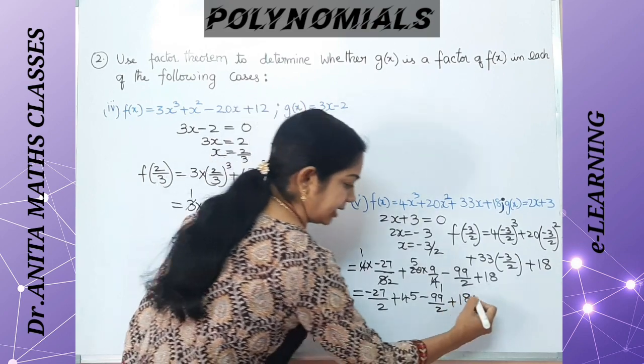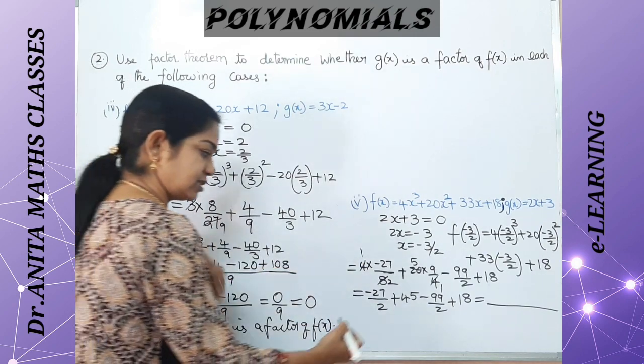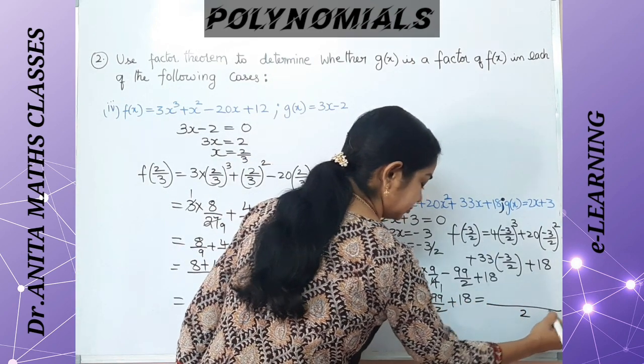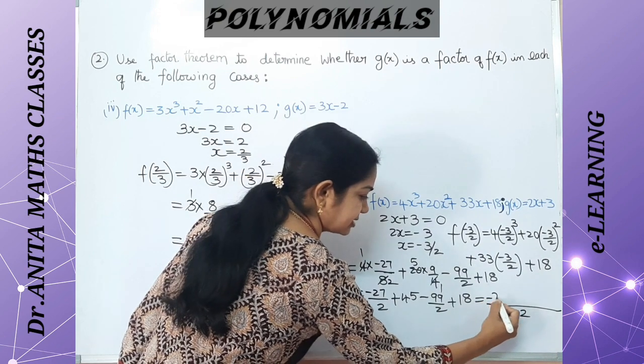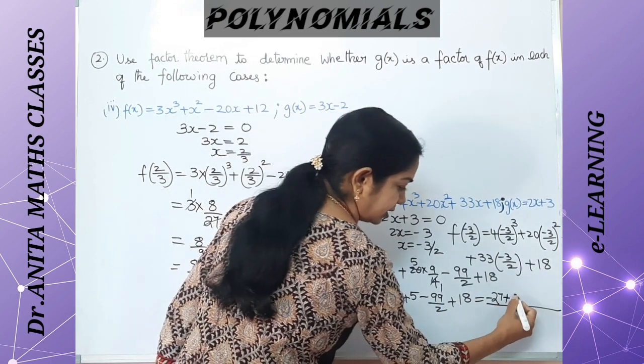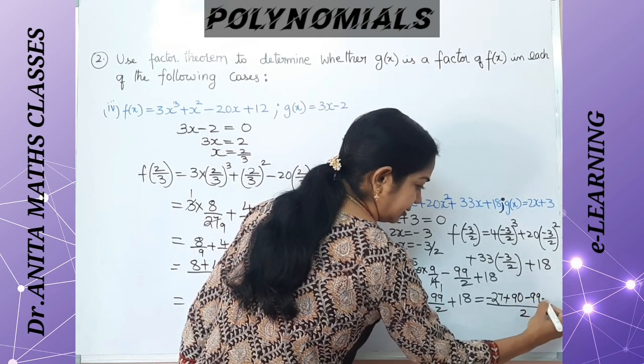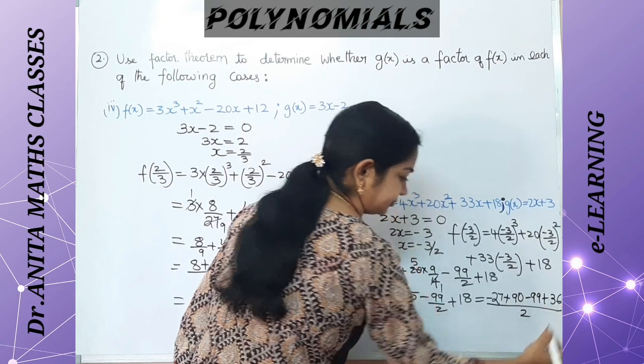So we will take the LCM part here. If you take 2 and 2, LCM is 2 only. So minus 27 plus 90, I'm taking the LCM, minus 99 plus 36 here.